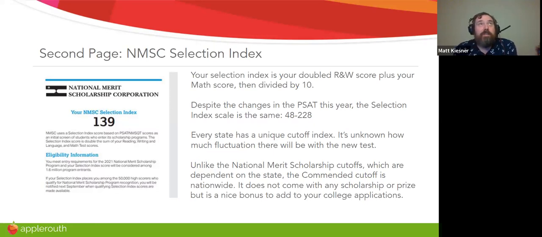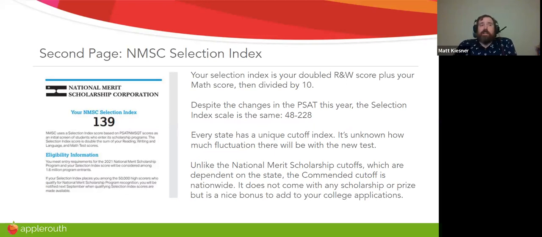In 2015, the PSAT switched back to reading and writing scores, and they had some subscores on those sections. And the National Merit kept it where the reading and writing subscores were weighted equally with math. Now with the new digital test, there are no subscores.